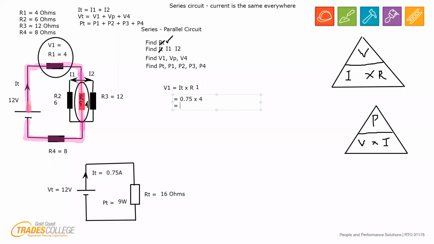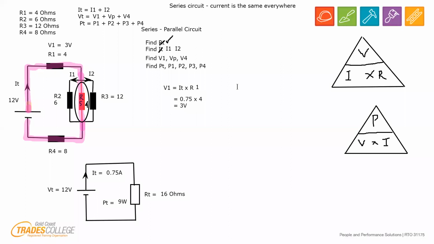And that gives me 3 volts there. If I get rid of the circle, I can write down V in because I don't have ohms, remember. So I've done my V1.